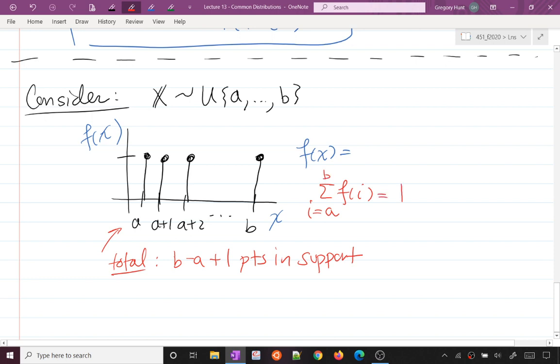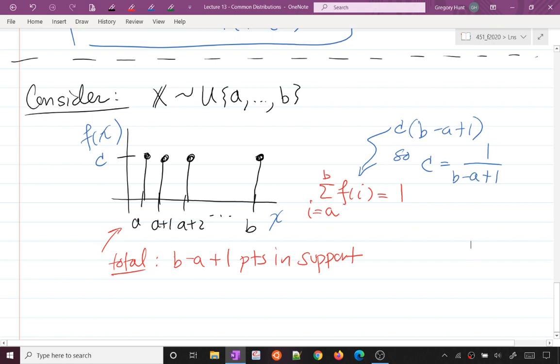And if they're all equal, then this sum is whatever the value of my PMF is, let's say some constant c. So it's c times how many points I have, which is b minus a plus 1. Therefore, c better be equal to 1 over b minus a plus 1.